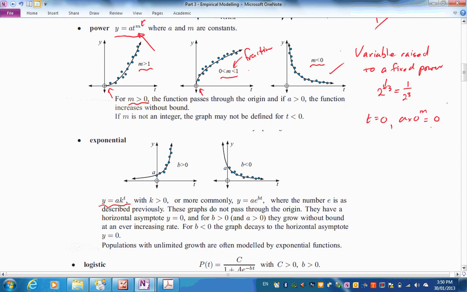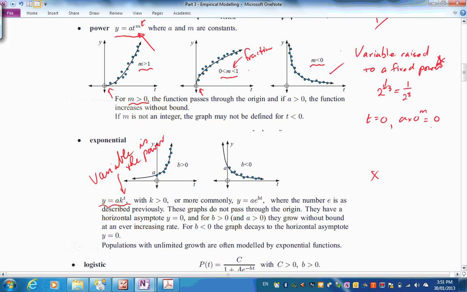What about the exponential function? What's the difference? Well, here, can you see the variable is the power itself? Whereas up here in the power function, the variable is raised to a power. Variable being t here.